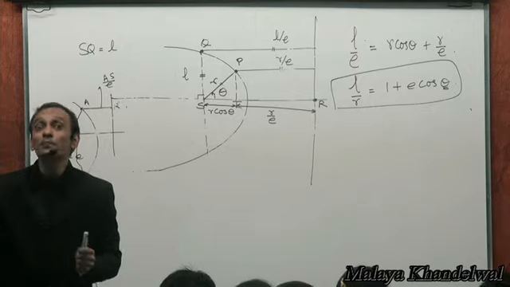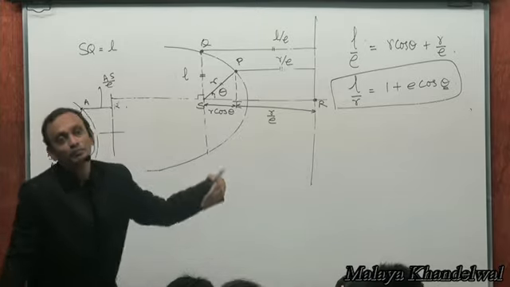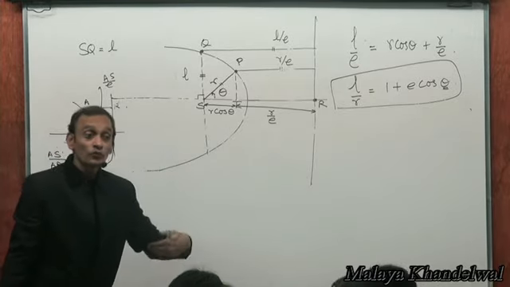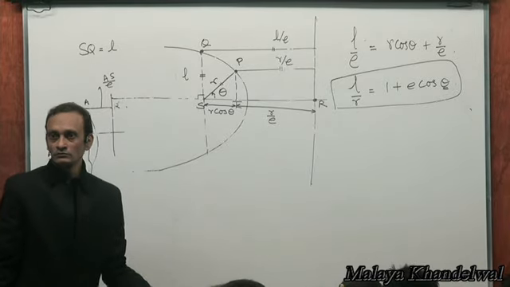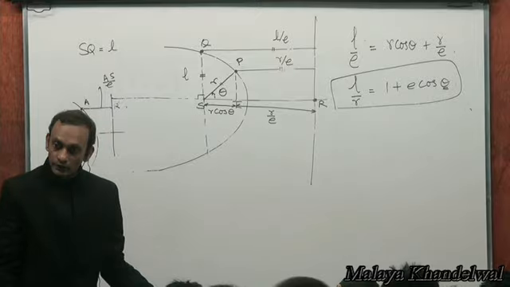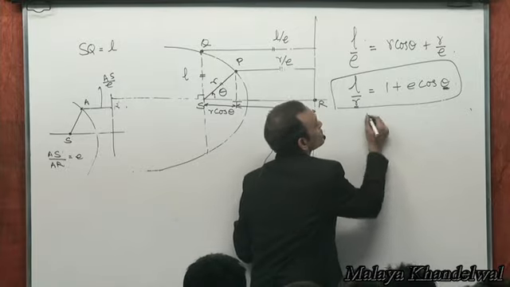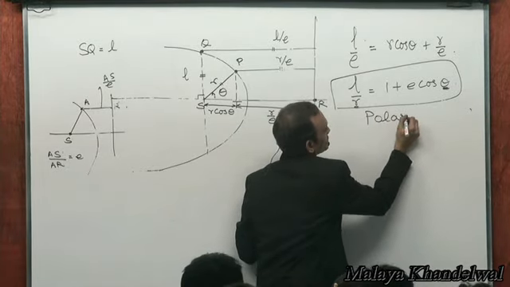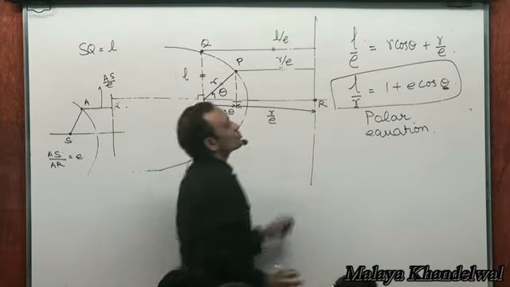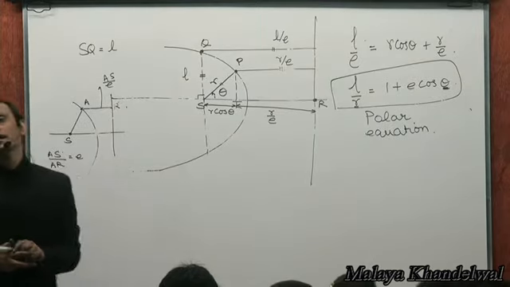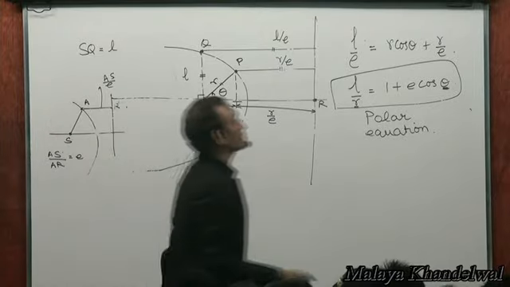Theta could be looked upon as the polar angle of the point P, the angle with respect to the axis of the conic section. This equation that connects r and theta of different points is called the polar equation of the conic section. This is true for all points on the conic section, right? Very useful equation.